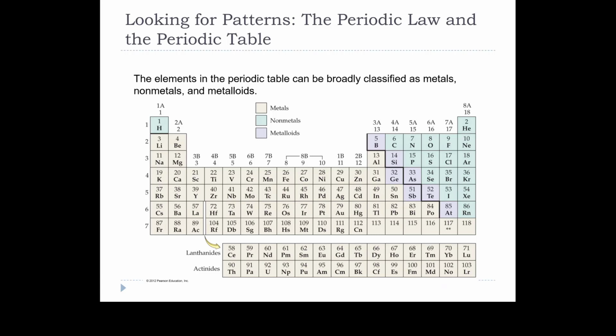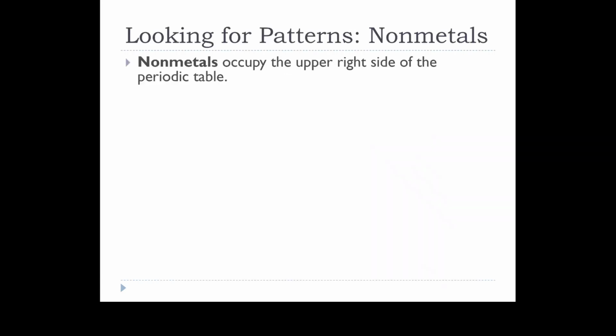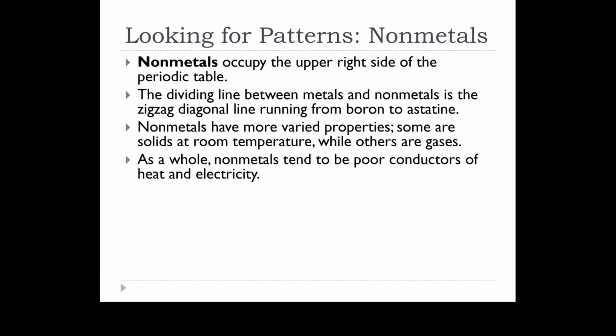Bromine is a liquid, and iodine is a solid. So we kind of run all states of matter in nonmetals, okay? Nitrogen and oxygen are gases, carbon's a solid. Everything in group 18 or group 8A, those are gases, okay? And we'll talk about those a little bit later. But so we're pretty varied in our nonmetals. But in general, they're bad conductors of both heat and electricity.